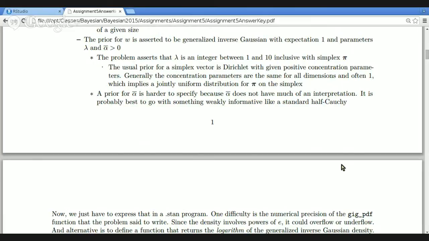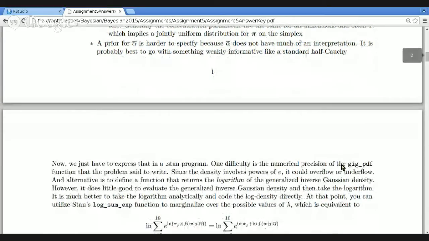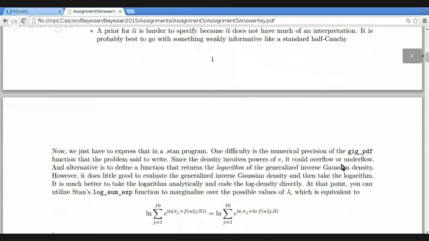In any event, you need something that's positive, but you probably don't want to put too much information into it. So a half Cauchy might be reasonable, but nothing is really unreasonable except a prior distribution that puts positive mass on the negative numbers, because you don't know anything about it.